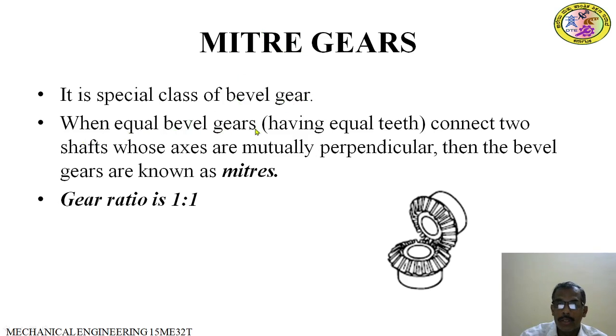When equal bevel gears, having equal teeth, are connected to two shafts whose axes are mutually perpendicular, the bevel gears are known as miters or miter gears. If the driver and the driven have an equal number of teeth, then they are called miter gears, and the ratio is 1 is to 1 only.